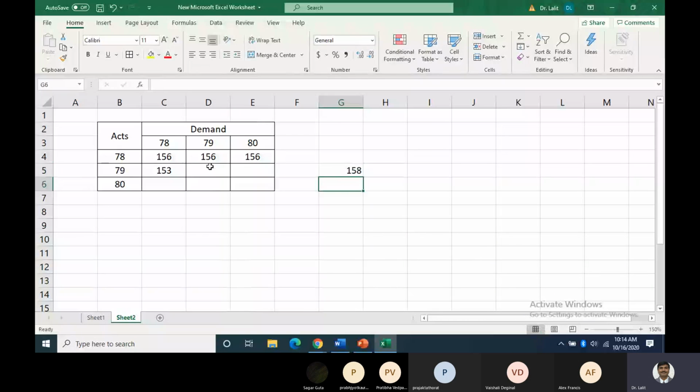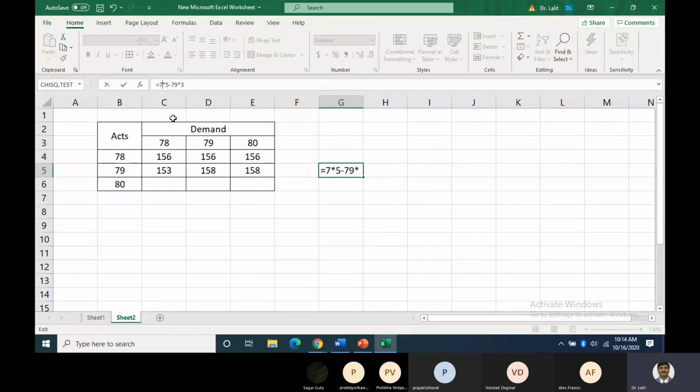So this comes out to be 158. Okay. Here same hoga because he has only 79 bottles to sell, so he will be able to sell all 79. In this case, अब यहाँ पे देखो वो मैन्युफैक्चर कर रहा है 80 बट सेल कितना कर रहा है ओनली 78. मैन्युफैक्चरिंग होगा उसका 80 का.